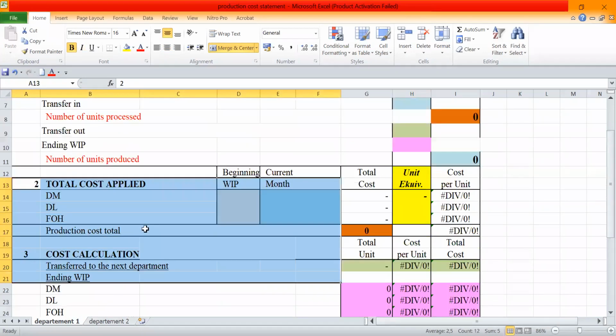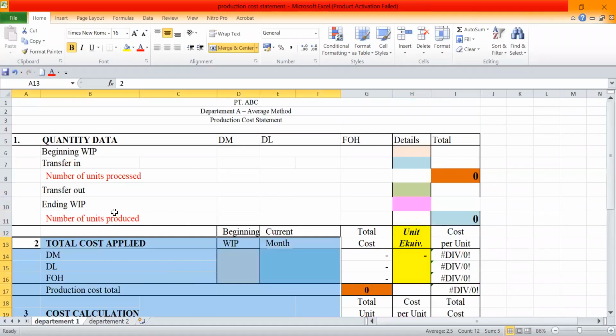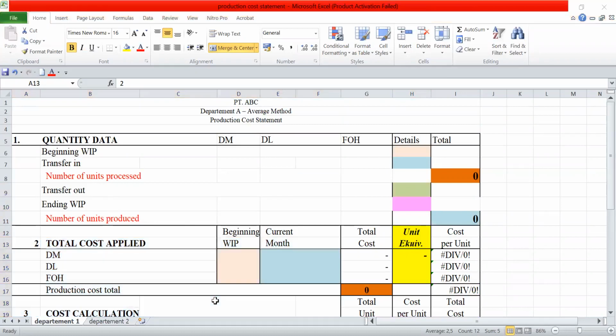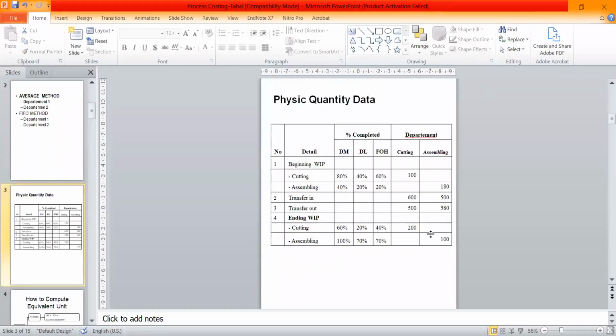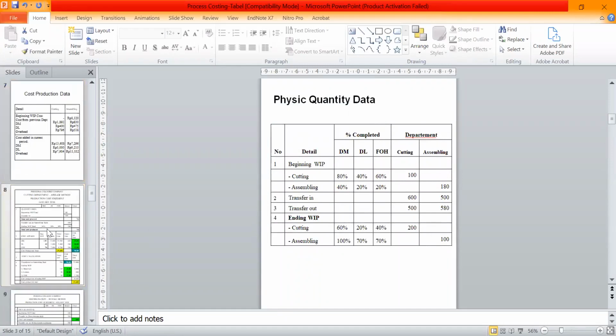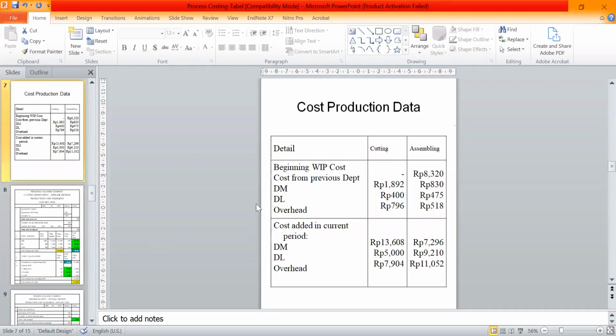Actually, to complete the first part, the quantity data, we only need the information that comes from the quantity data information. But for the second and the third part of the cost production statement, we need the information of the cost production data here.